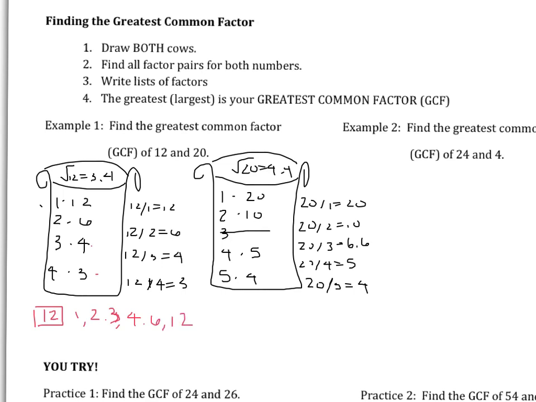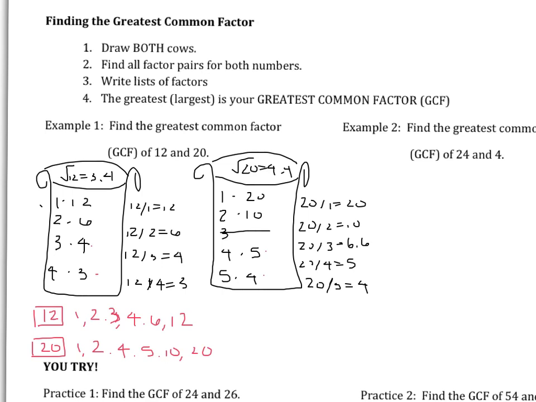Then 6 and 12. And then I'm going to do the same for 20. I'm going to write all the factors of 20. 1, 2. I'm not going to write 3 because it wasn't a factor. 4, 5. I'm not going to write this 4 or 5 because they're repeats. 10, 20.